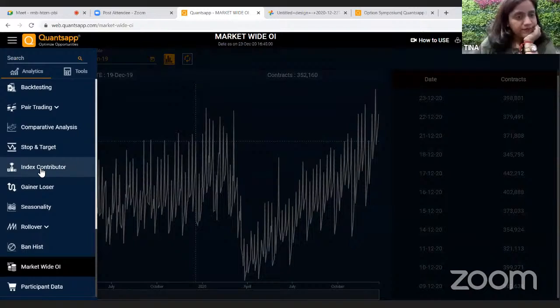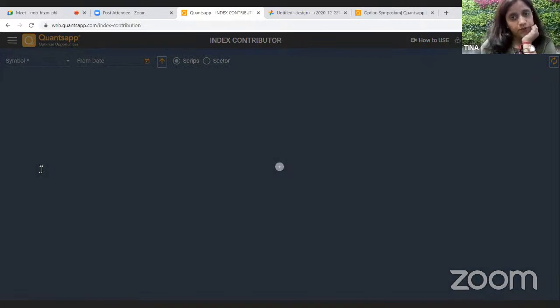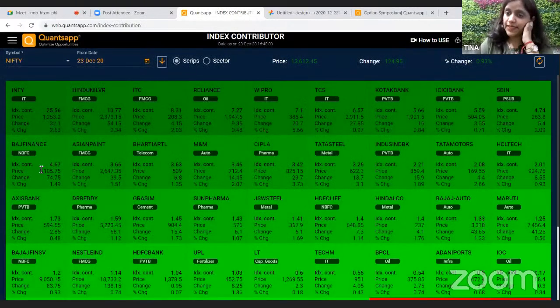Then something interesting is the index contributor, which we look at from an intraday perspective as well as for the expiry month, everything. When I'm trading the day, I should know which sector and which stock is driving the market. Is it just one or two stocks contributing entirely, or is it the broader market?